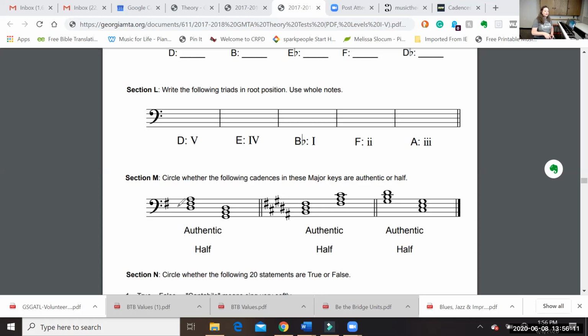So you may want to label on your scratch paper a 5 there, Roman numeral 5. Hopefully you can see that. Okay, so we go from a 5 chord to something else.